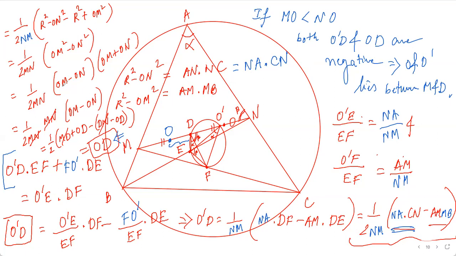Now the rest of the things follow. So this is NM, NM, NM, NM, and everything will be in order of that anti-clockwise direction. So whatever be the sign of O'D will be the sign of OD. That's how we prove that both O' and O lie on the same side of the point B. So that proves that those two points are equal.